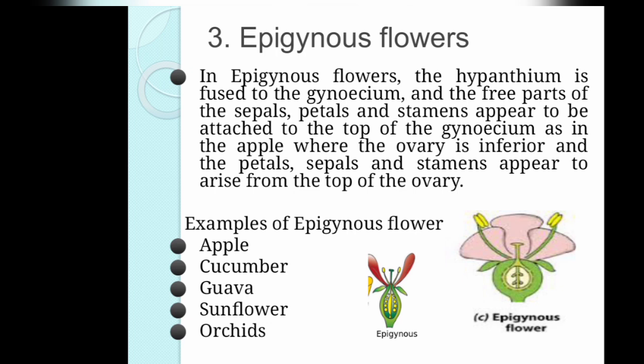The thalamus extends upward and the ovary becomes fused with the wall of the thalamus. So the ovary is absolutely inside and all of the floral parts are outside. This is known as an epigynous flower, and the ovary is referred to as an inferior ovary. Examples of epigynous flowers are apple, cucumber, guava, sunflower and orchid.